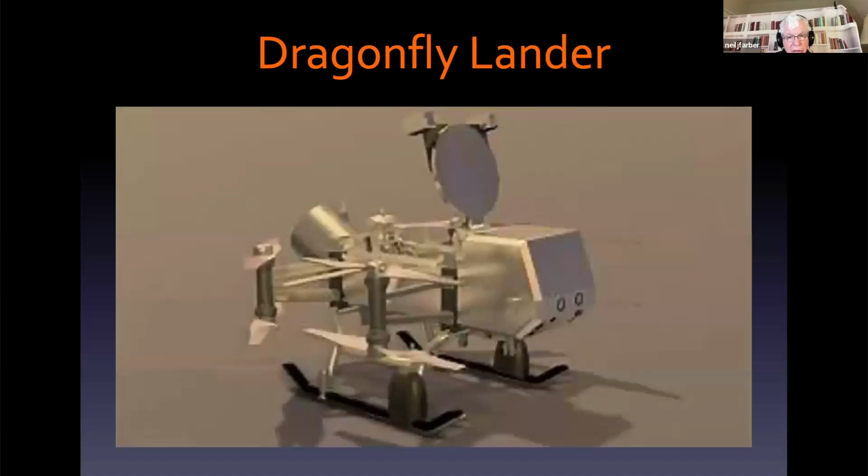And this is a model of the Dragonfly lander, and you see the front of it is a large sort of suite of instruments, but there are rotors on multiple sides in order to be able to attain helicopter-like flight, similar to Ingenuity, except that Titan's a lot easier because it has 1.5 times the atmosphere that Earth does in terms of pressure. Next slide.